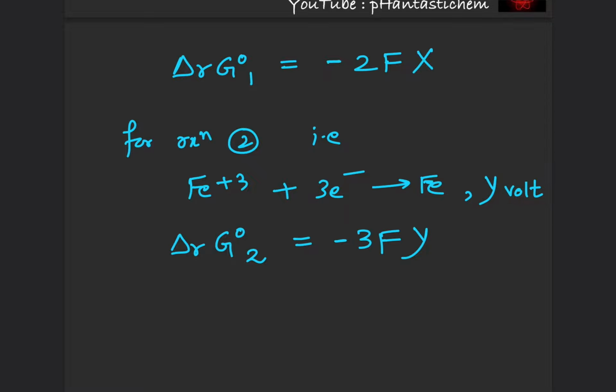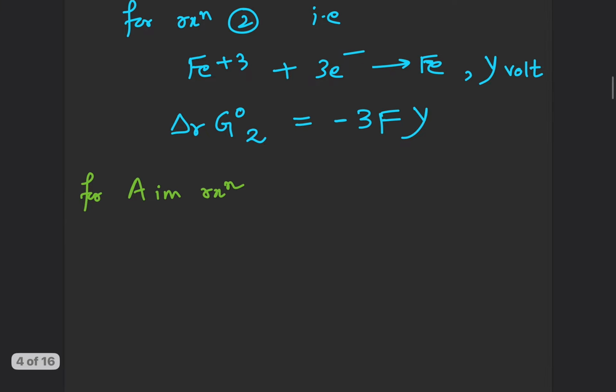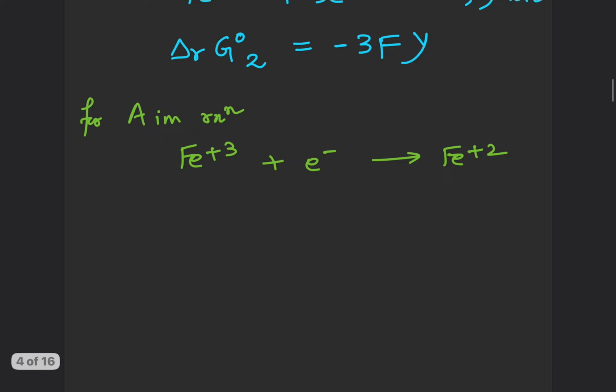And for the aim reaction, that is our aim, so we will write it down again, Fe+3 plus electron is giving us Fe+2, right? So we can again write down delta R G naught of aim is equal to, can you see 1 electron is involved, right?